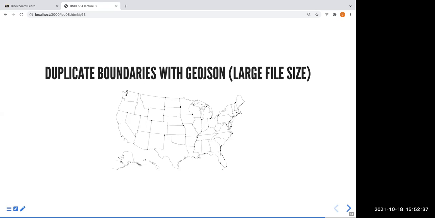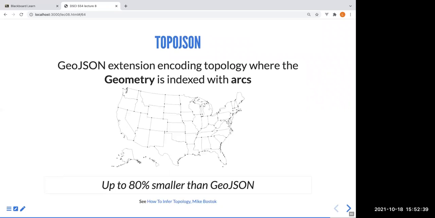So our good Mike Bostock, who always has a solution, thought about encoding this topology information into the file format. He did this with a format that is basically GeoJSON, but that he calls TopoJSON.